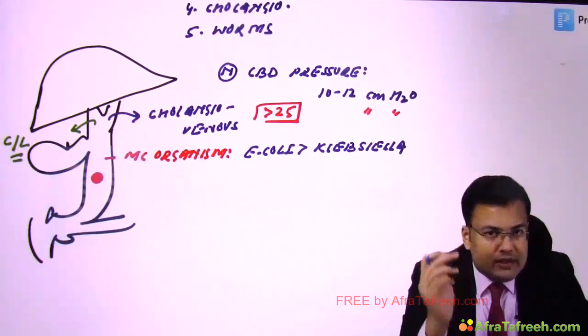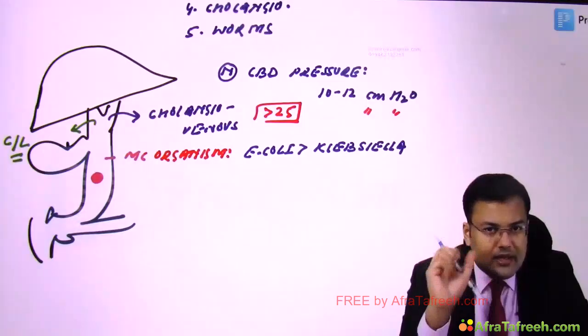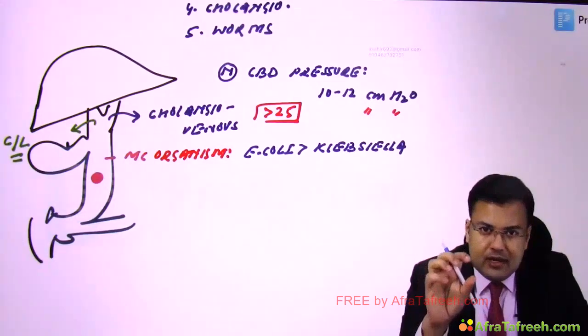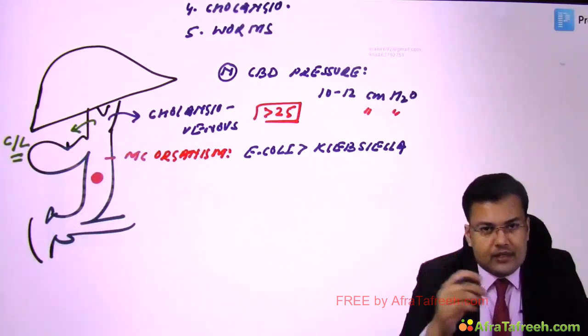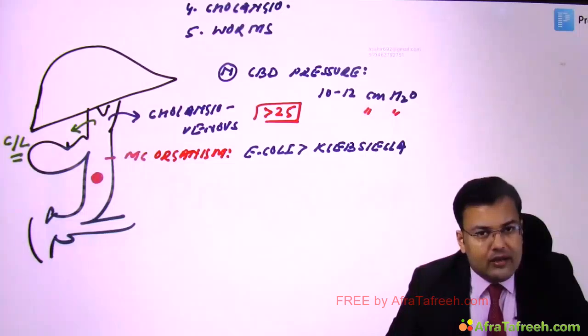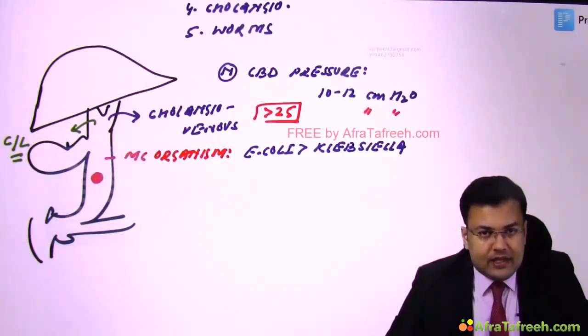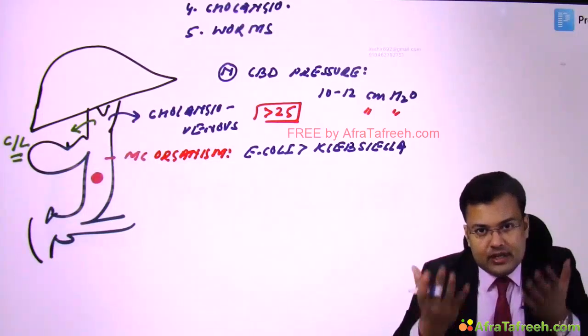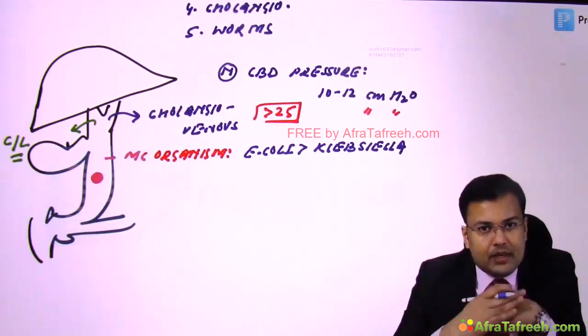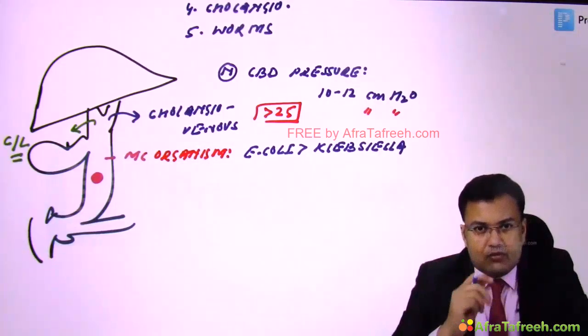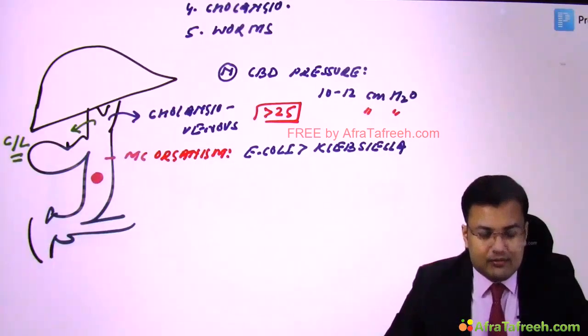So what is the problem? Lots of you have this wrong thought that in cholangitis the infection is confined to the bile duct. No. Because of cholangiovenous reflux, the infection goes into the venous circulation, and because of cholangiolymphatic reflux, infection enters the lymphatic circulation, and from there it enters the systemic circulation. That's why if I send a blood culture of a patient with cholangitis, more than 50% of patients have a positive blood culture.